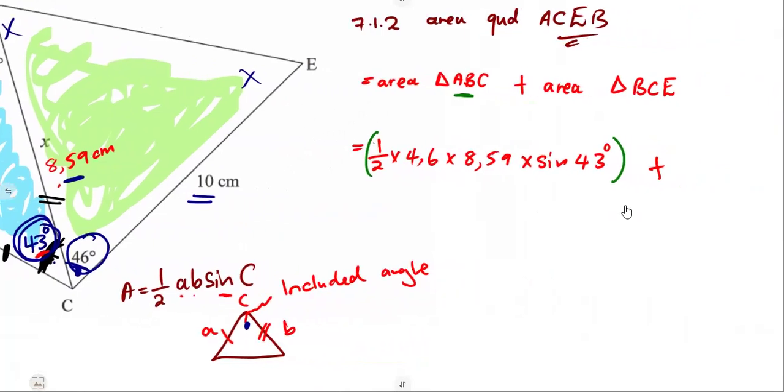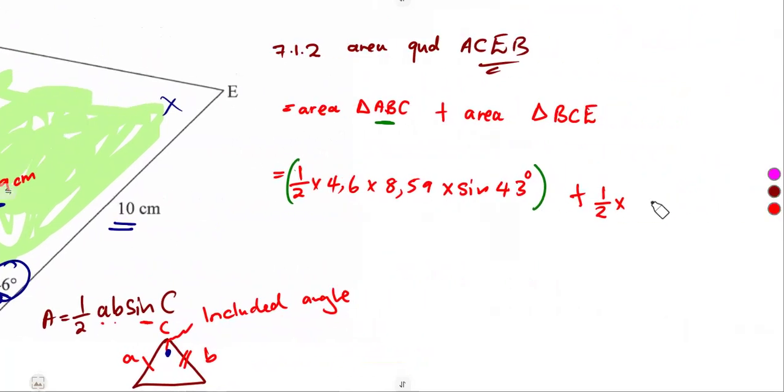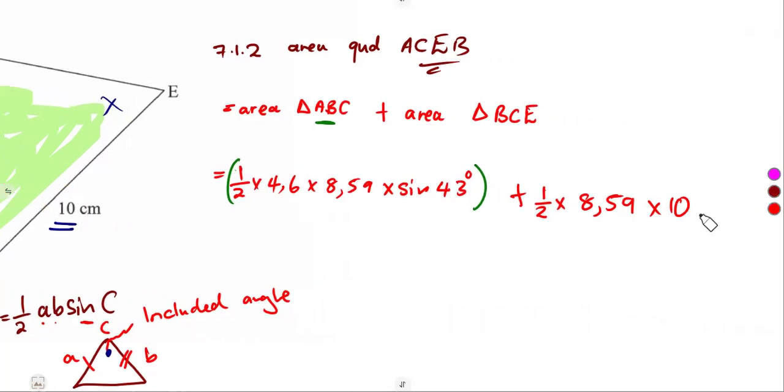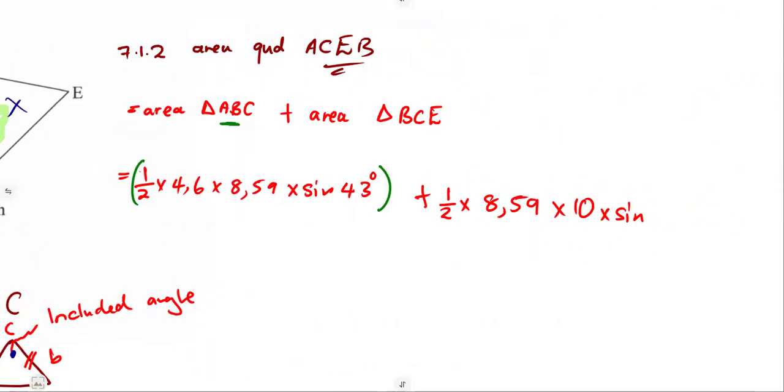So we are going to take these two sides as they are. That is half of 8,59 times the other side, which is 10, times the sine of the angle that is in between those sides, which is 46 degrees.